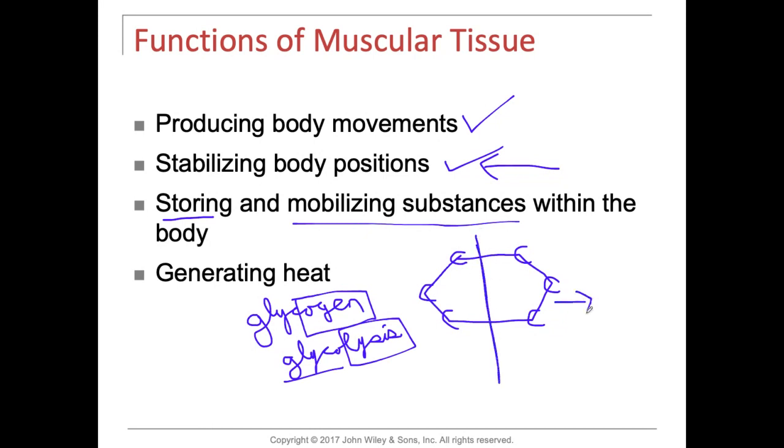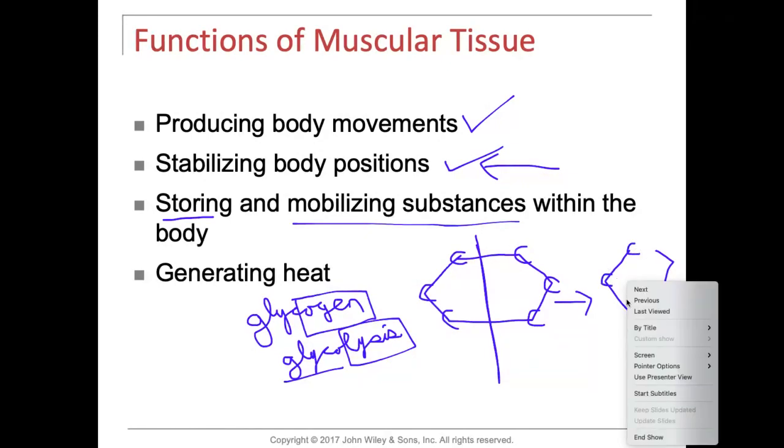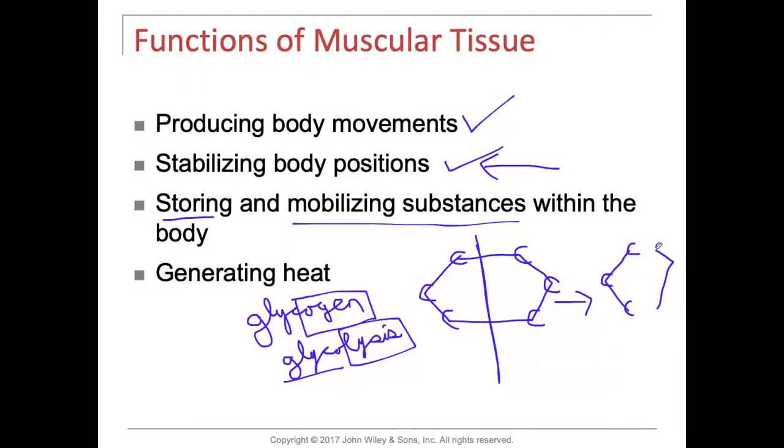And when you do, what you get is two 3-carbon sugars: 1, 2, 3, and 1, 2, 3, right? You broke the bond in the middle. That's what glycolysis is. And now we don't have glucose. When you have two 3-carbon sugars, you have something called lactate or lactic acid. Just laying down some terminology and some concepts because we will be talking about glycolysis and glucose and lactic acid when we talk about muscle physiology a bit.